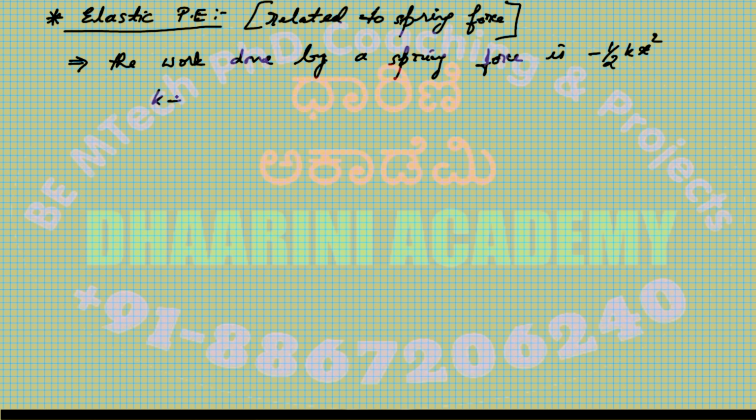So what is k? k is called the spring constant.